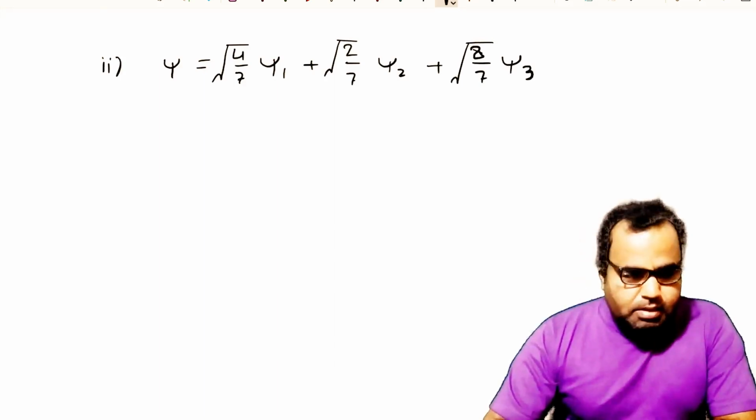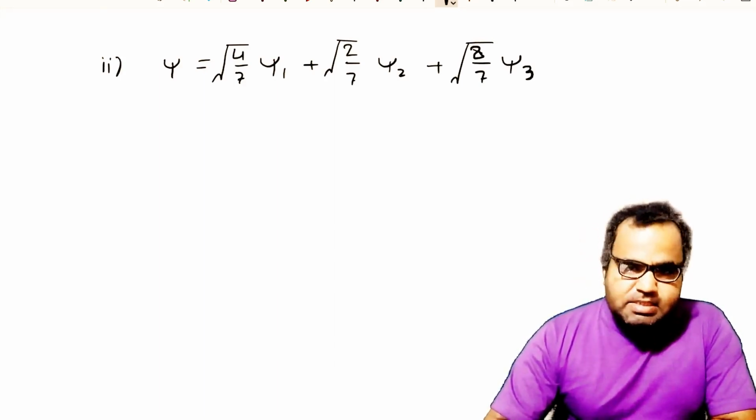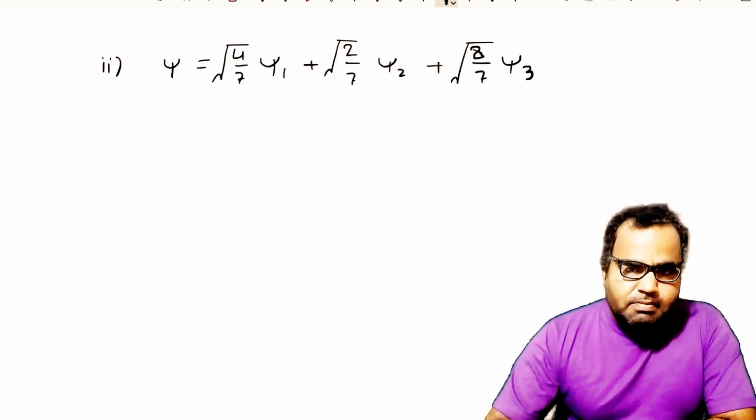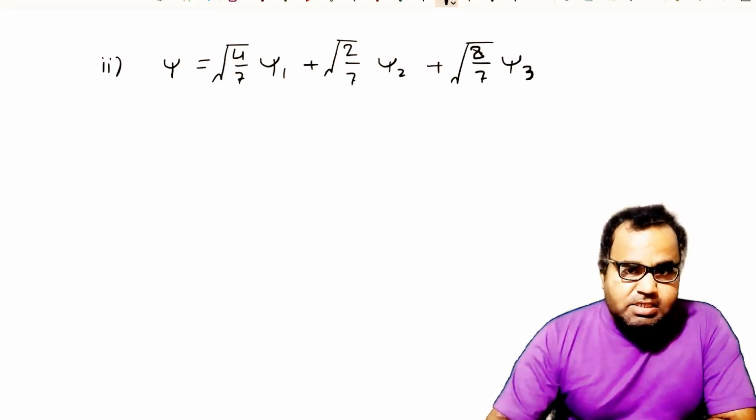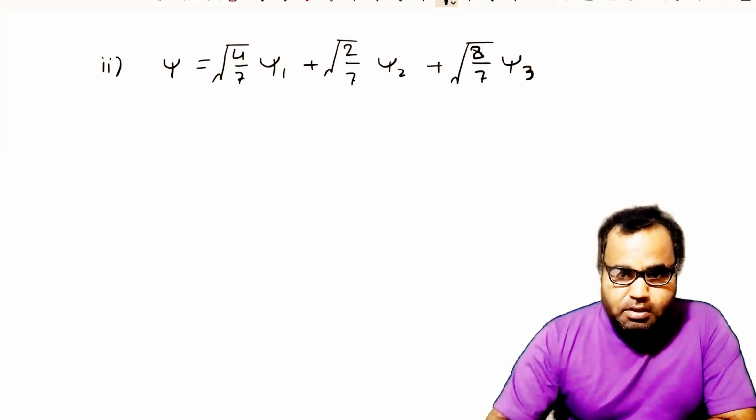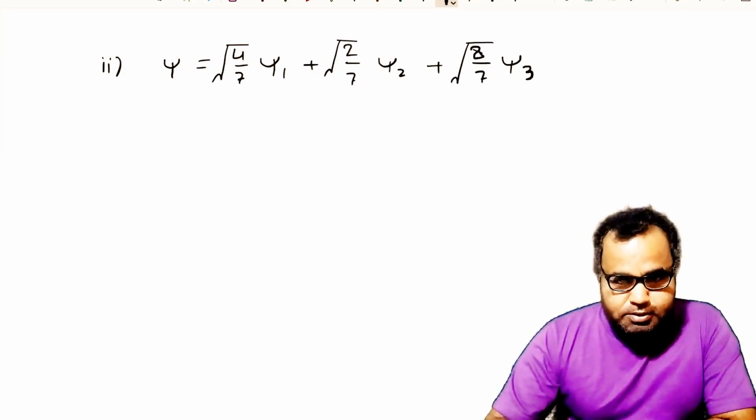So we check whether this state is acceptable or not. Of course it is acceptable if the condition is satisfied. The condition is the sum of absolute squares of all values. There are three values, a1, a2 and a3.